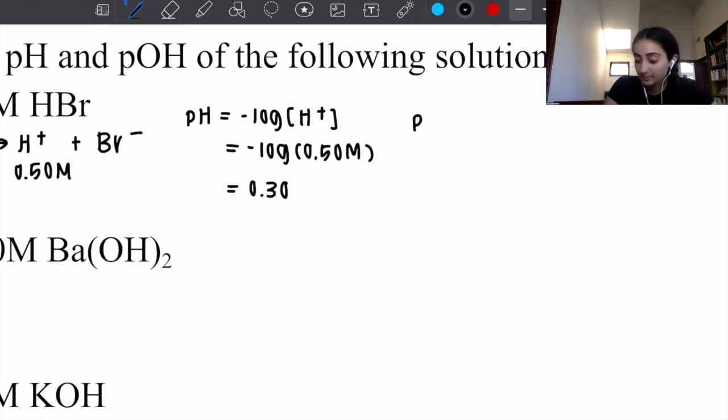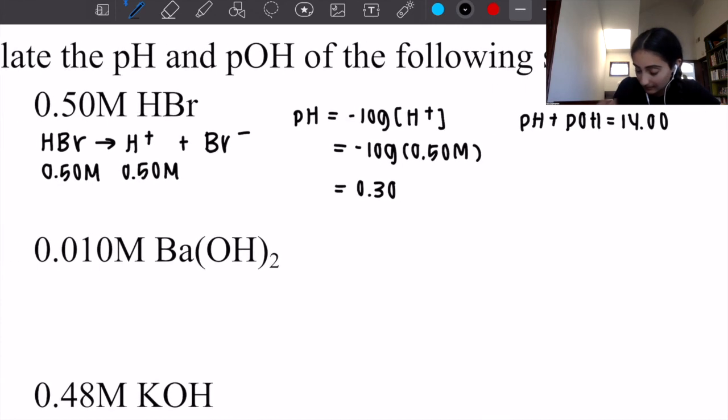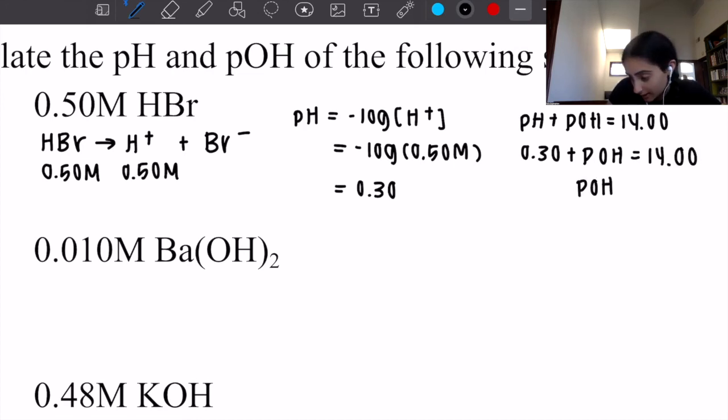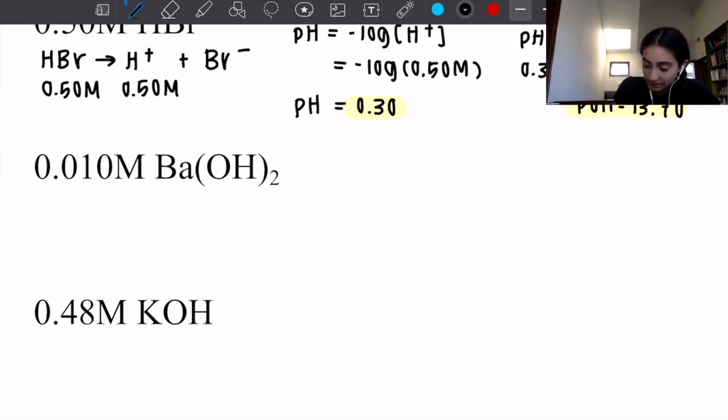Okay, so now to calculate pOH, we know that pH plus pOH equals 14. So I have 0.30 plus pOH equals 14. And then our pOH is going to equal 13.70.